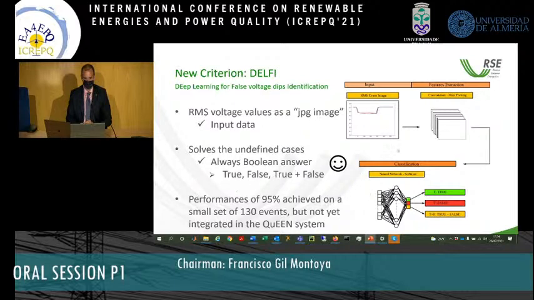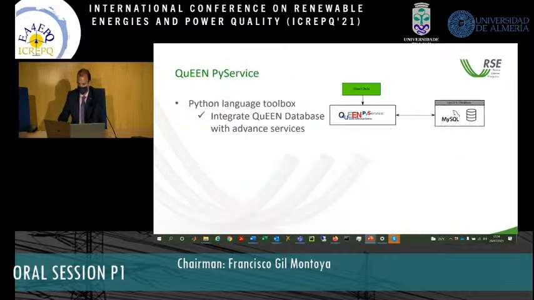But now we have to do the next step. We have to integrate this algorithm in the Queen system, our monitoring system. This is the main topic of this presentation, because we developed a Python toolbox called Queen PyService that integrates the Queen database, which is online now, with advanced services.